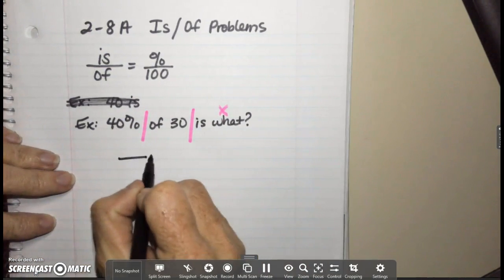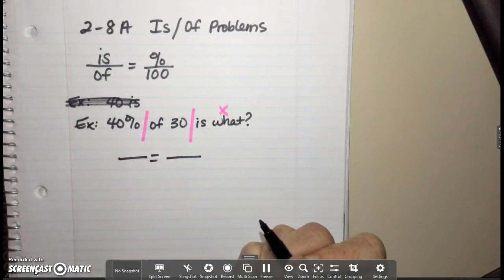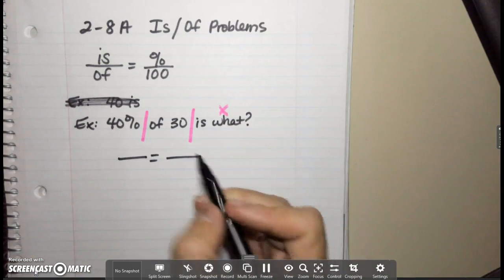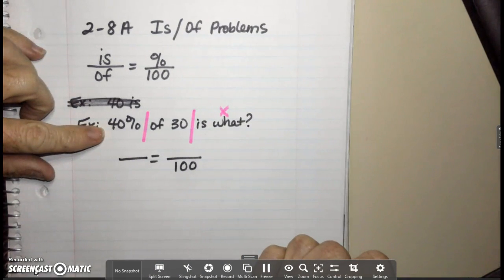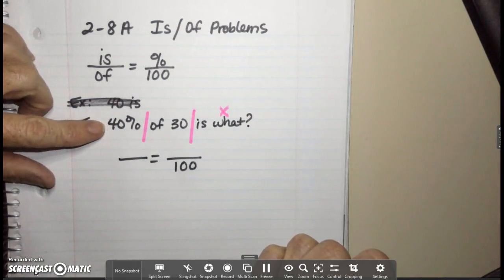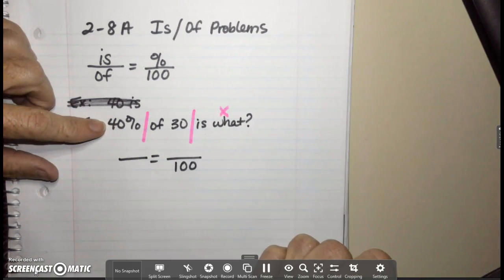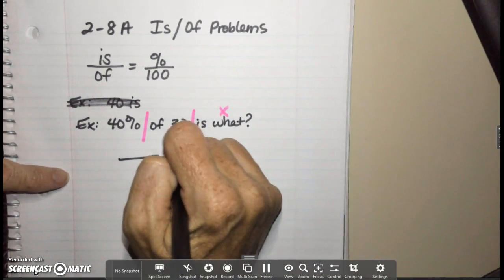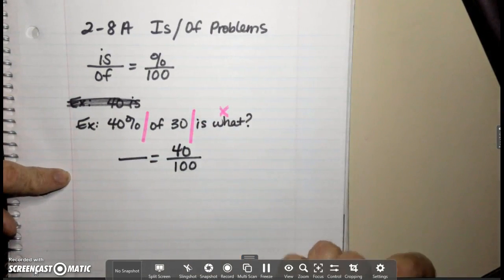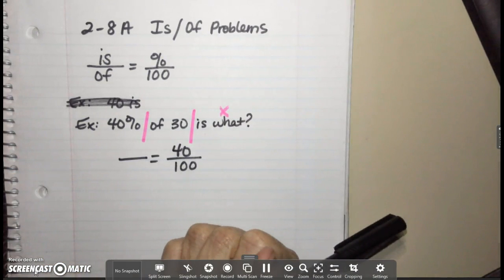So you've got, always start with this. Where does the 100 go? Bottom right. Okay, let's do one thing at a time. What's my percent? Where does that go? Top right, top left, bottom left? Top right, above the 100, because it's a percent. Okay? Where does my 30 go?